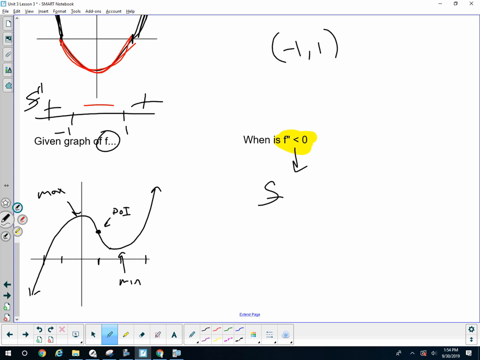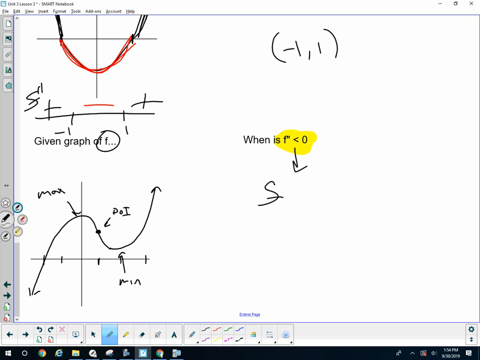Discuss with your neighbor. If f double prime is negative, what does that tell us about f? The sign of a second derivative tells me the concavity of the function. If f double prime is negative, that tells me f prime is decreasing.